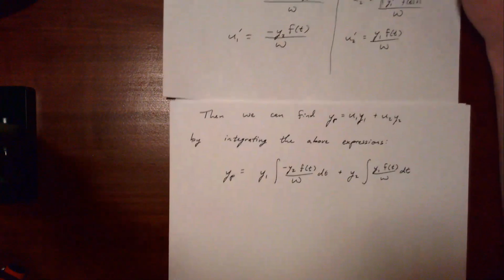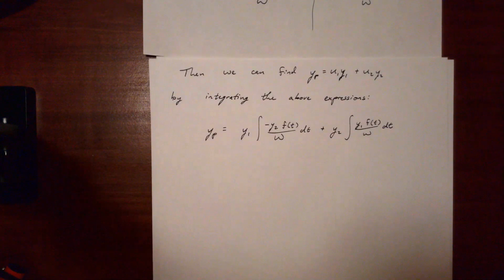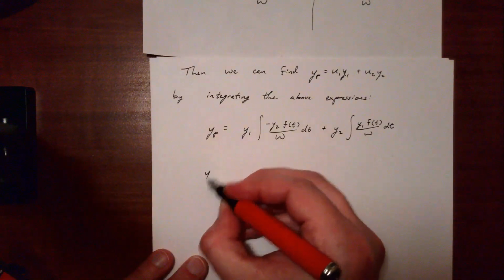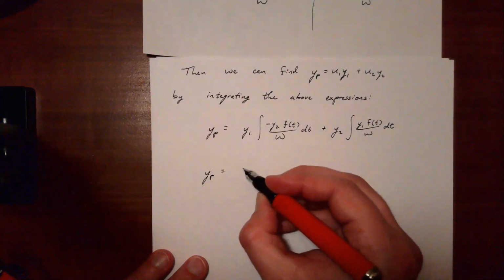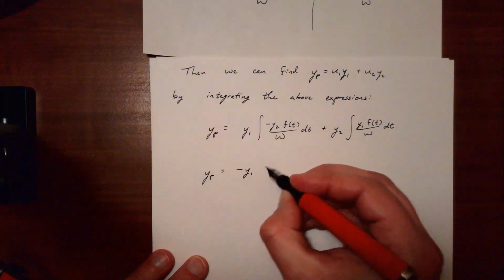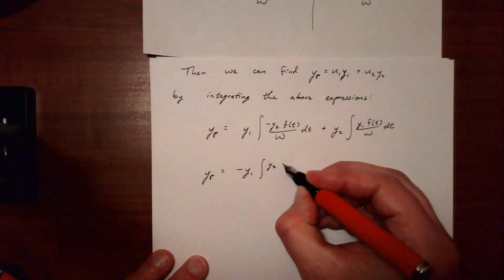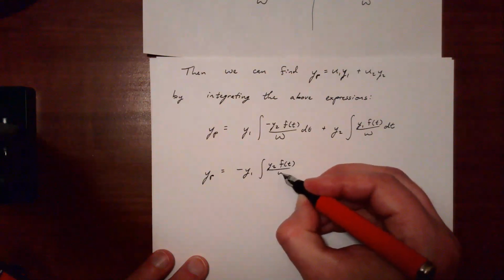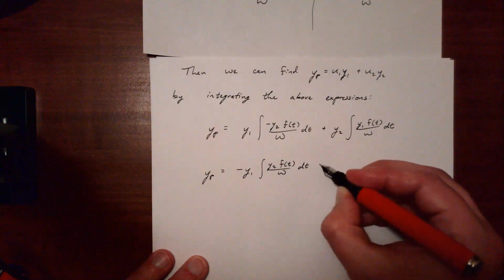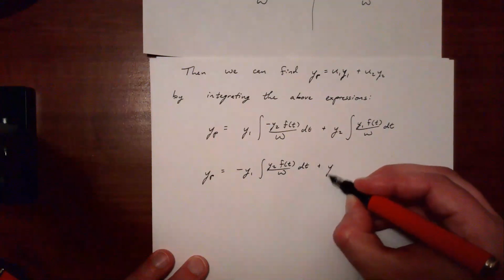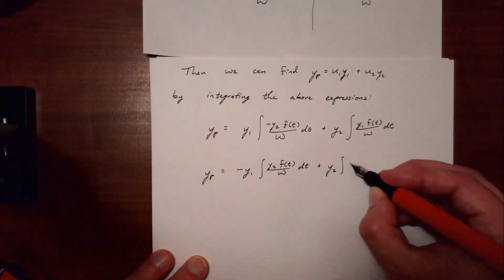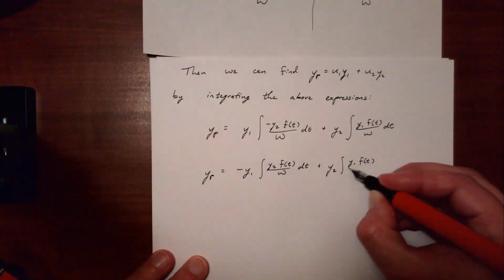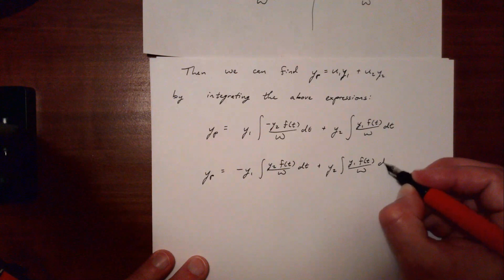And so finally we can write this in its final format. It's negative y1 integral y2 f of t over W dt plus y2 integral y1 f of t over W dt.